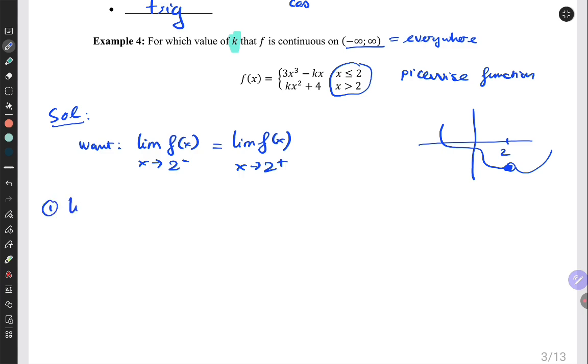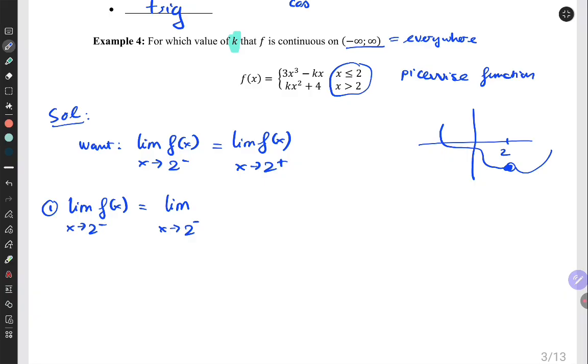First, analyze the left hand side. Find this. Approaching 2 from the left of f of x. This is my f of x. I have two functions inside this f of x, this and this.